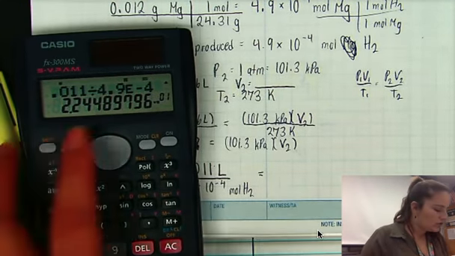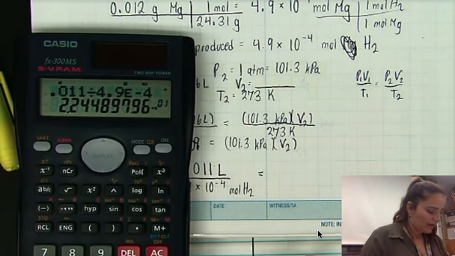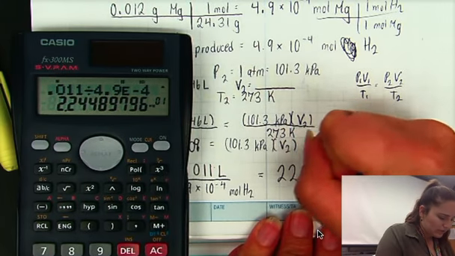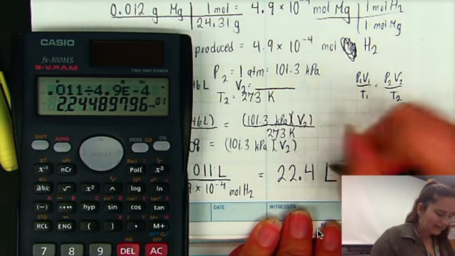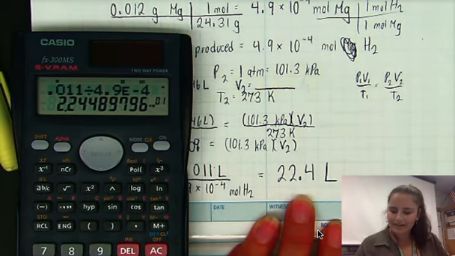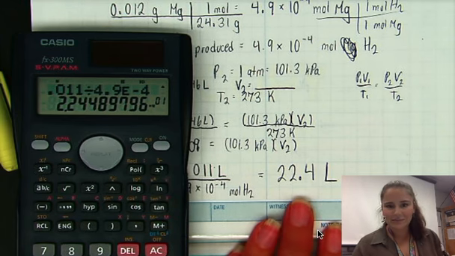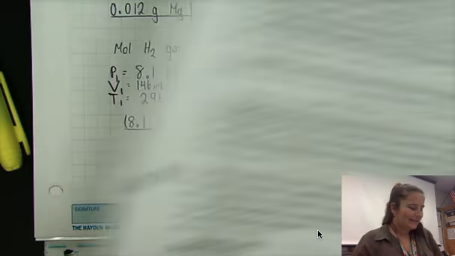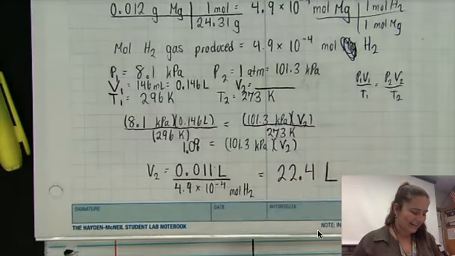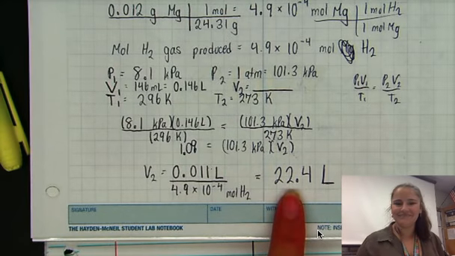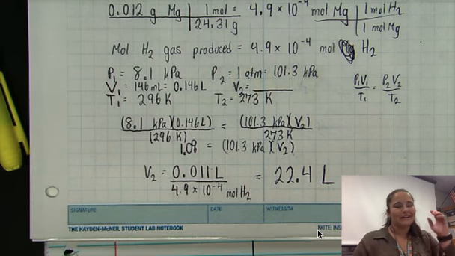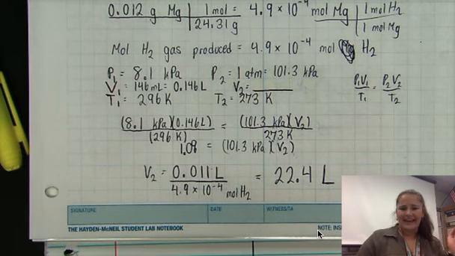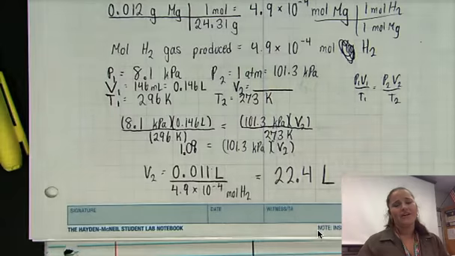Enter, and I get 2.2 times 10 to the 1, aka 22.4 liters. And because this is sample data, it matches up exactly. Isn't that awesome? Odds are you're going to get somewhere in between, hopefully between 18 and 25.